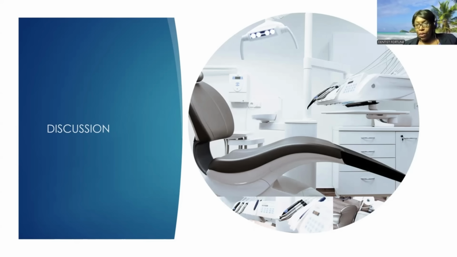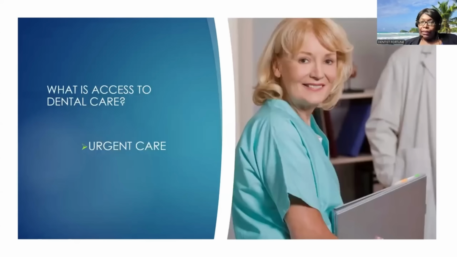You can either go to your own NHS dentist or a private dentist, or depending on which area you are, you can call 111 and they will triage you. And there are urgent care hubs where you can go for urgent care treatment. It all depends on the call that you make, which is the 111 call. Or you can decide to go to your own dentist for emergency.